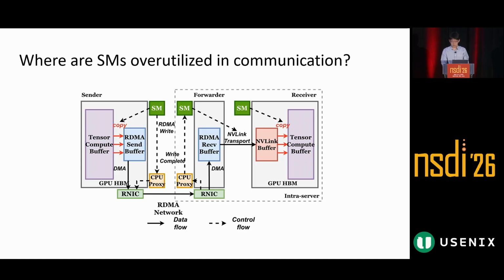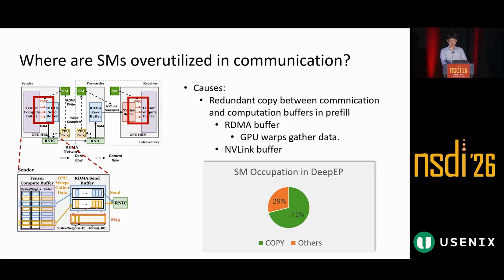So the next question is, where exactly are those SMs being spent? We profile the communication path carefully and find that the problem is not just the communication itself, but also the data movement surrounding communication. The important takeaway is that the communication workflow contains several stages where warps are used mainly for moving data rather than doing useful tensor computation.